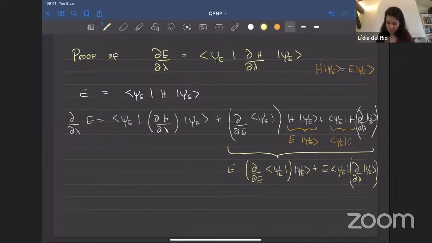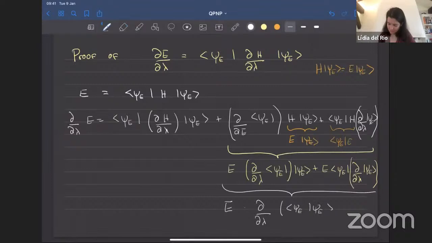And this is what the trick's going to be, because now I say, well, this is just E times, oh, sorry, d lambda should be here. Okay. So this whole thing is just E d lambda of this inner product, right? Because it's just like the rule for the derivative of a product. So if I have the derivative of this, it's going to be derivative of the first times the second plus the first times derivative of the second, right?